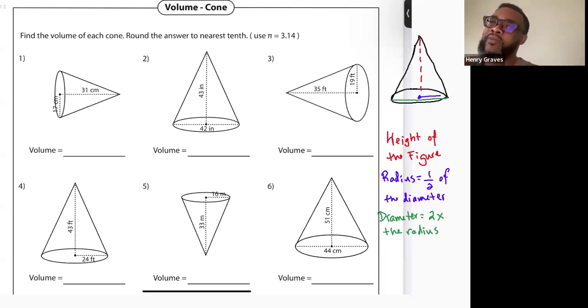So the volume of a cone is pi r squared h divided by 2. That's the big thing. In fact, let me double check this real fast. Let me type this up.